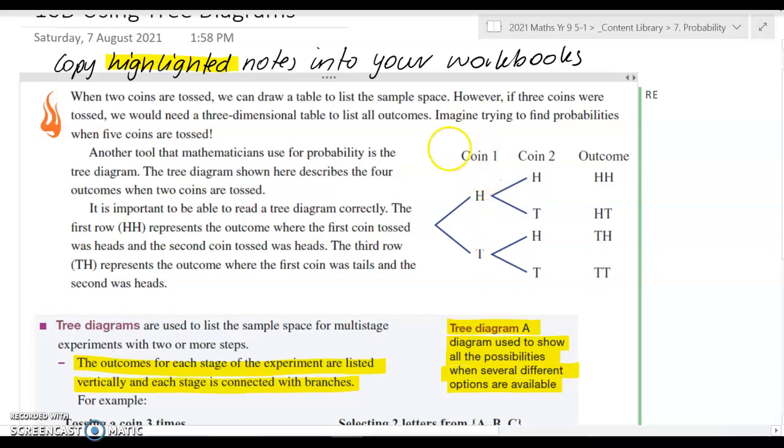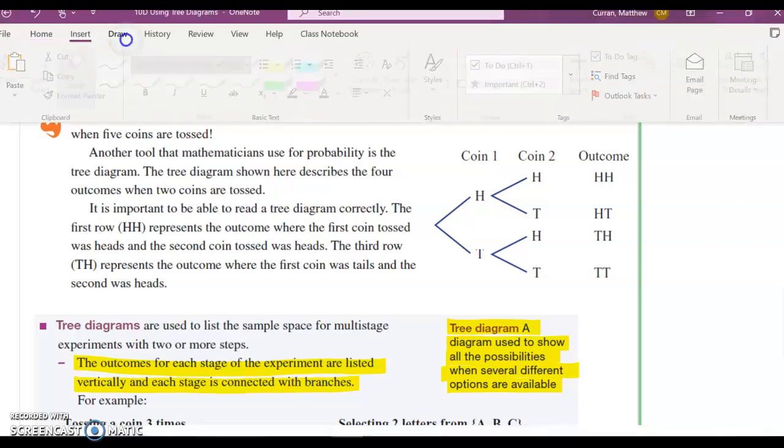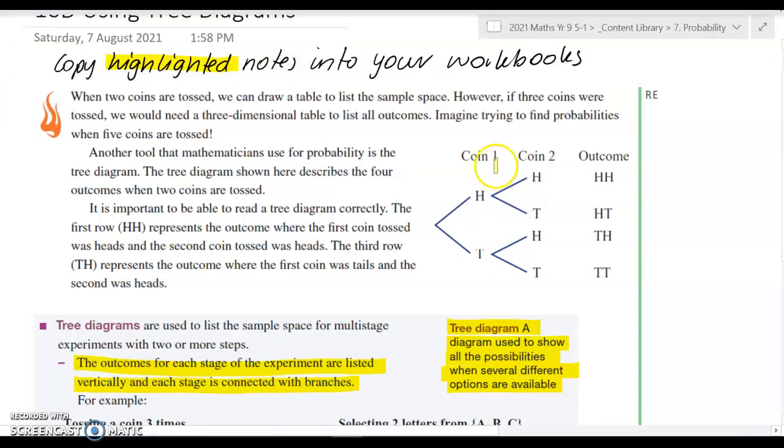If you have a look at this first diagram at the top of the page, this diagram represents all the different possible outcomes when I toss two coins. You can see, just by the way it looks like a little bit of a tree, hence the name tree diagram.